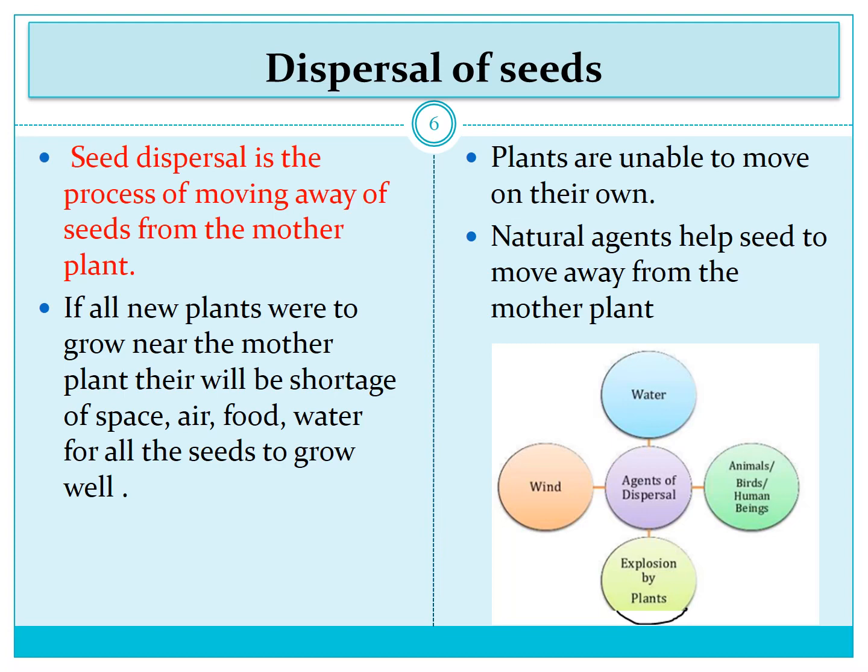Natural agents help seeds to move away from the mother plant. Which are the natural agents? They are wind, water, animals like birds or human beings, and explosion by plants. Define seed dispersal. Seed dispersal is the process of moving away of the seeds from the mother plant.